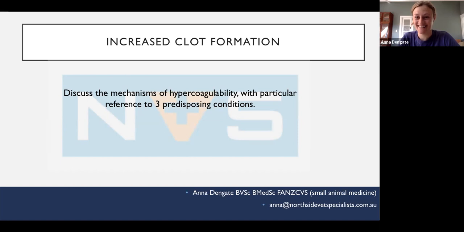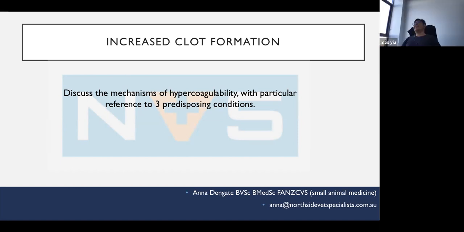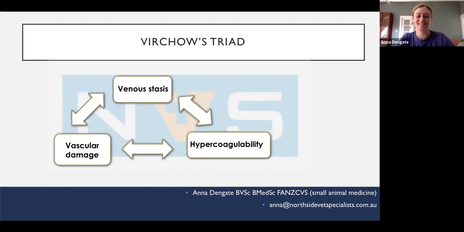Yeah, excellent. Hypercoagulability, endothelial damage, stagnation. Good, excellent, well done. So when we talk about hypercoagulability, it's actually a component of Virchow's triad. It's not all 3. Virchow's triad is the predisposing factors for thrombus formation.